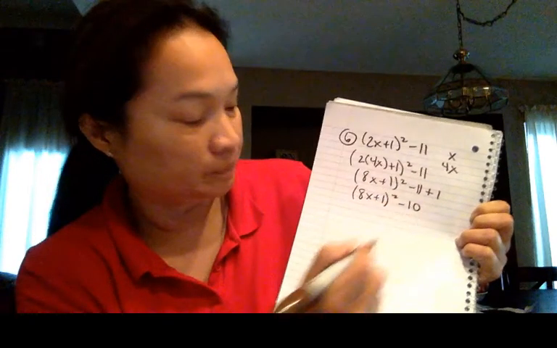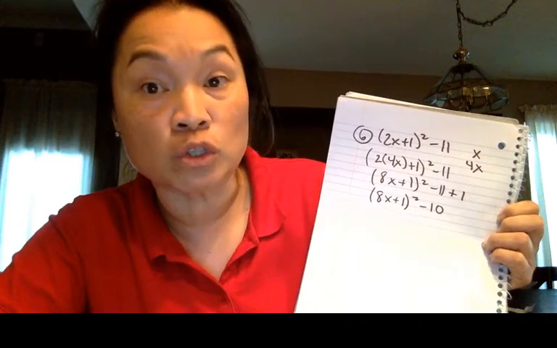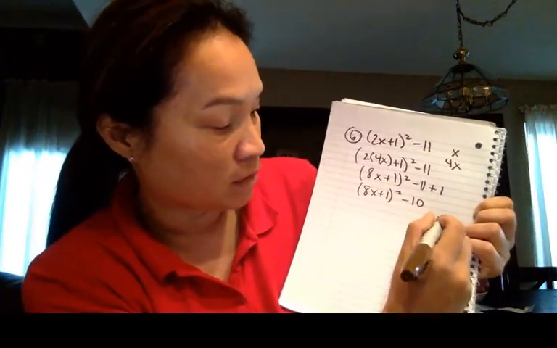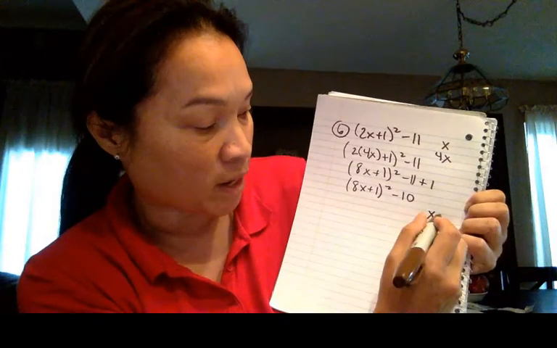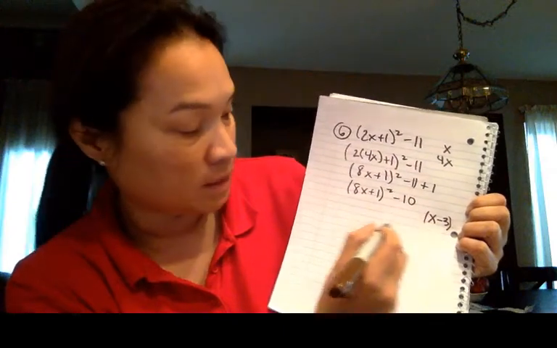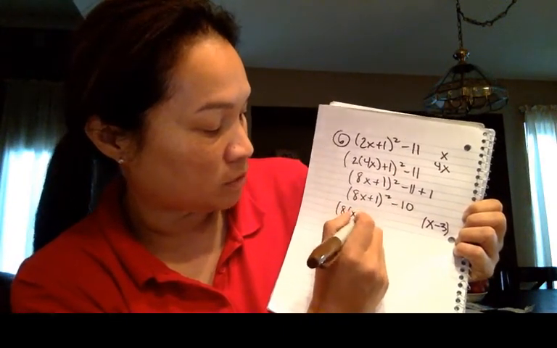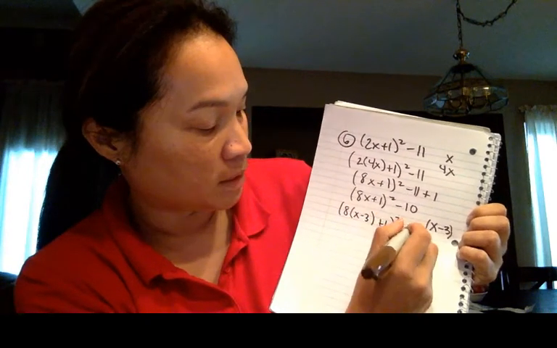All right, the last part is where it's confusing. The last part says 3 units to the right. So now that I have x, I want 3 units to the right, which means it's going to be x minus 3. So now wherever I see x, I'm going to put that in instead. 8 parentheses x minus 3 plus 1, quantity squared minus 10.